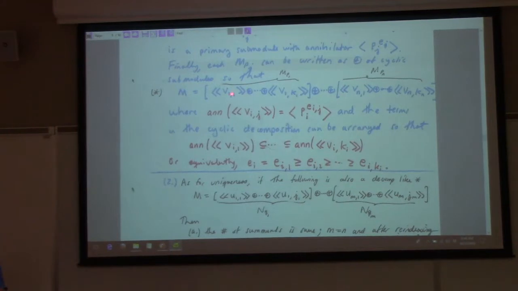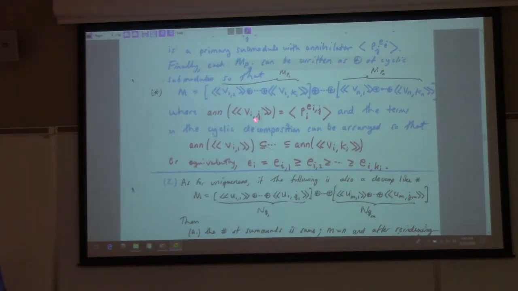If i equals 1 is fixed, right? We have i equals 1 all across this thing in brackets, and the j ranges from 1 all the way to k1 in this case. All of these are in the annihilator of this particular power of p sub i. So p sub i to the eij annihilates this whole business in here.